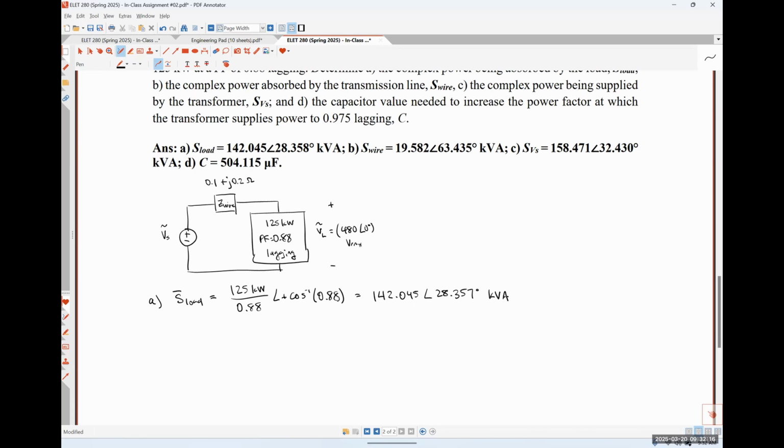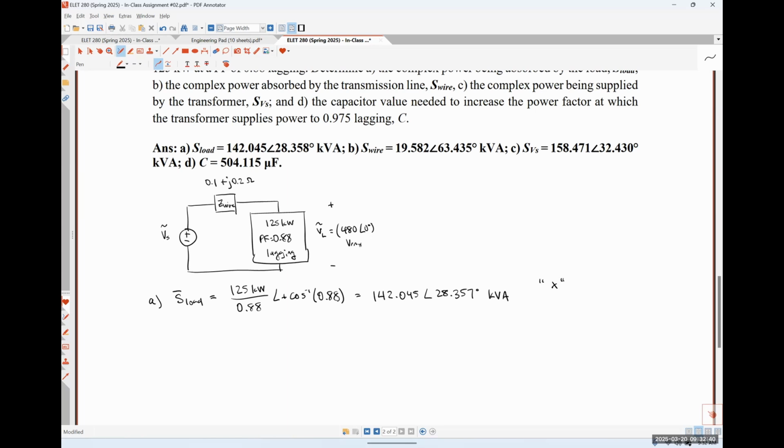So if my average power is in kilowatts, my complex power is going to be in kilovolt amperes. And I'm storing this for later in my calculator as X.